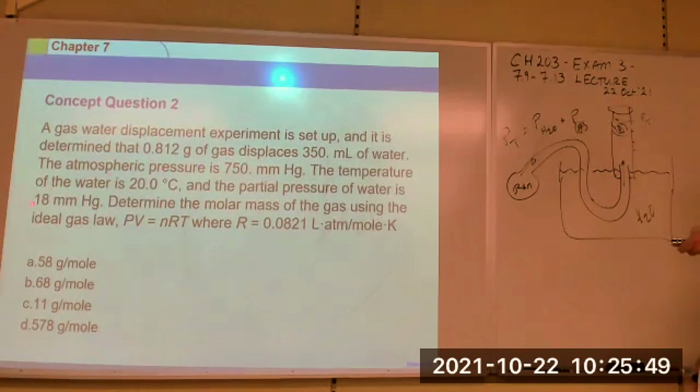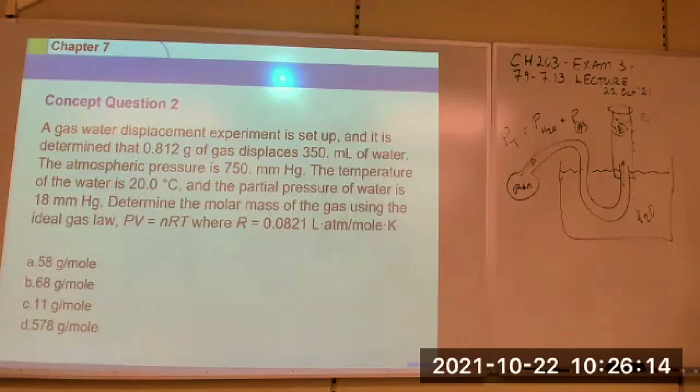It's 750 minus 18. Then you can use the ideal gas equation to determine the moles of your gas, because you know the pressure, you know the volume, you know R, you know the temperature, so you can calculate the moles. And we also know the mass of the gas.